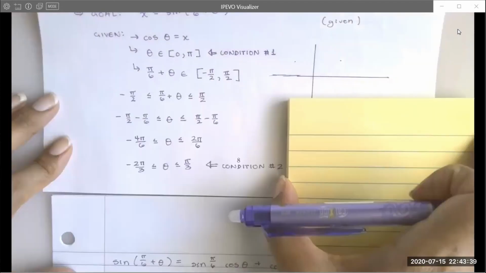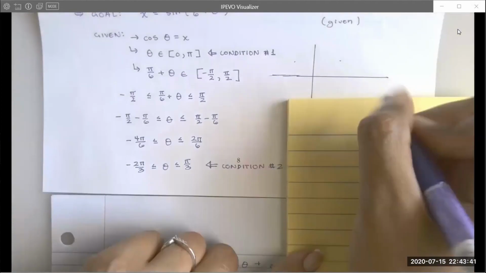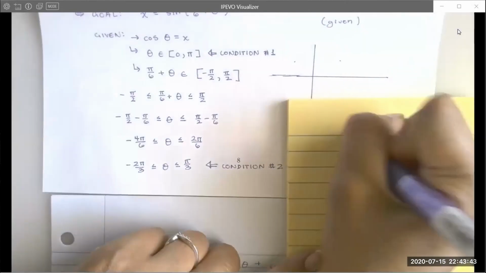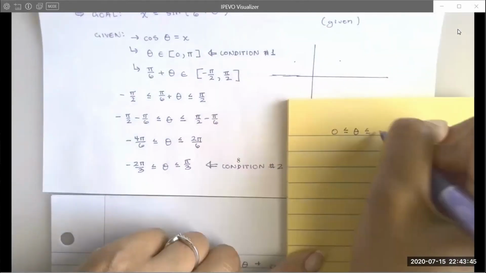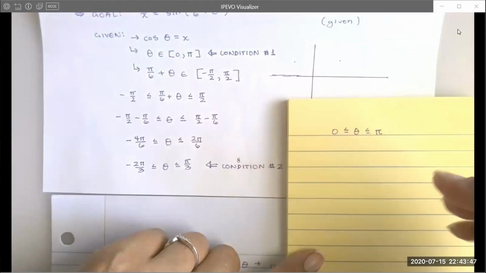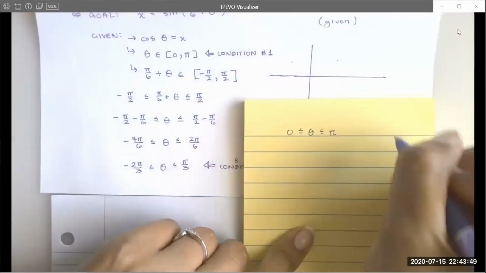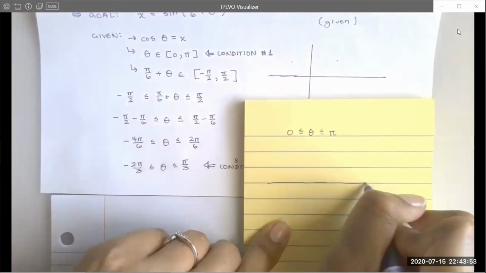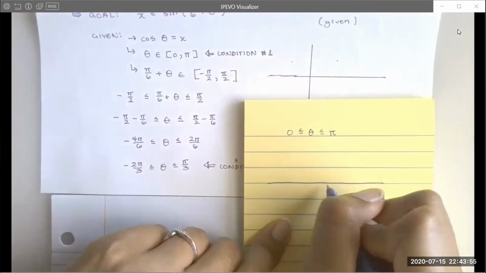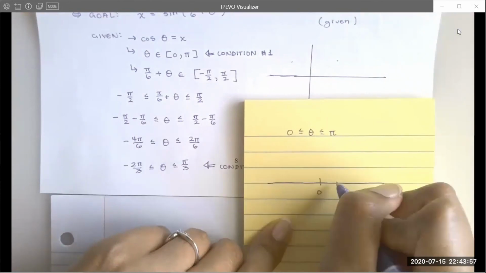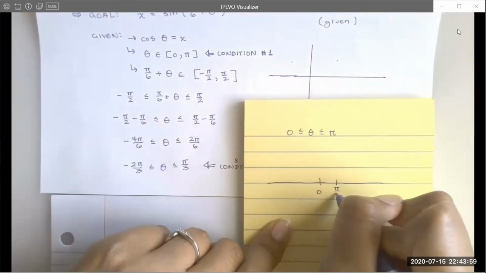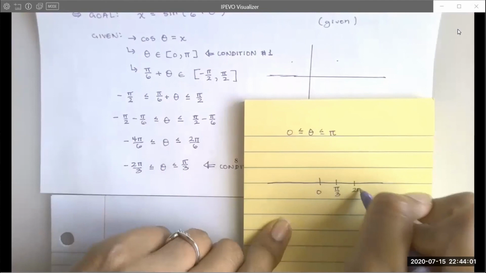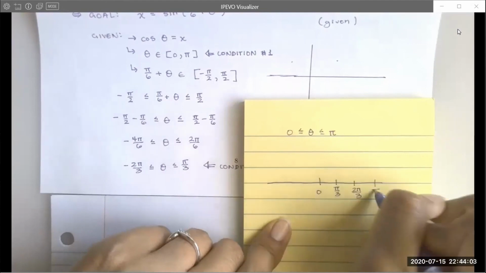If I have an inequality that says that theta has to be between 0 and pi, the way that I would graph that on the number line, if we're just talking about numbers, is let's say this is 0, this is pi over 3, this is 2 pi over 3, and this is pi.